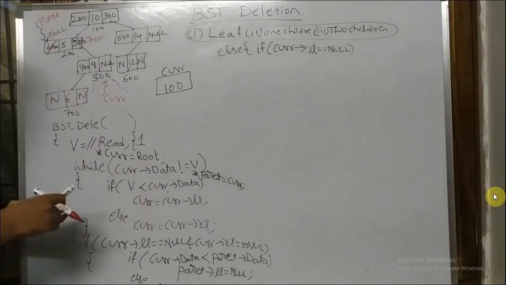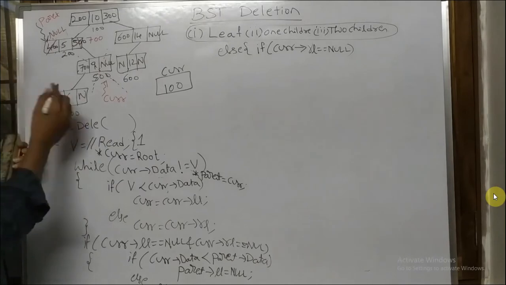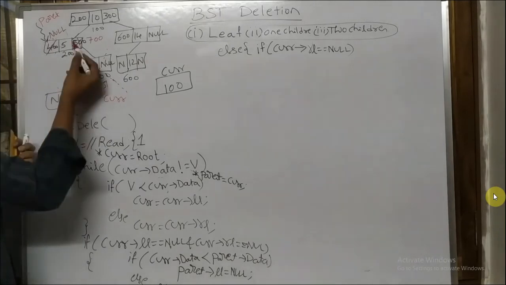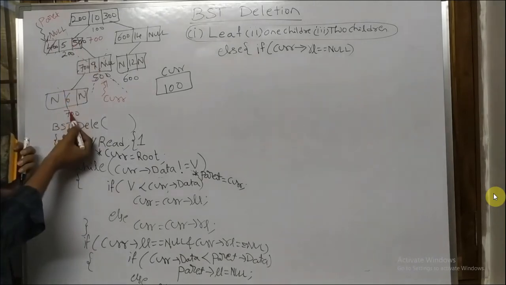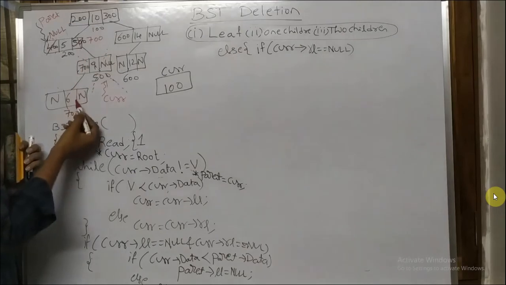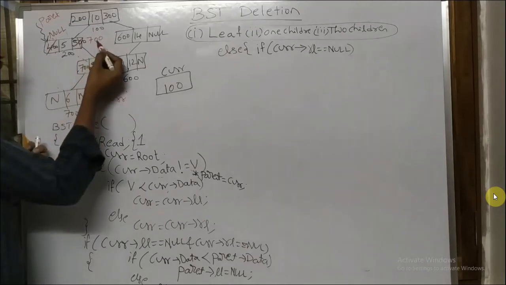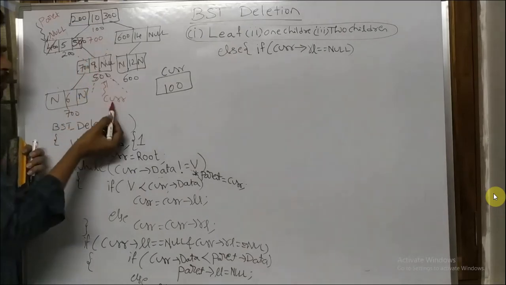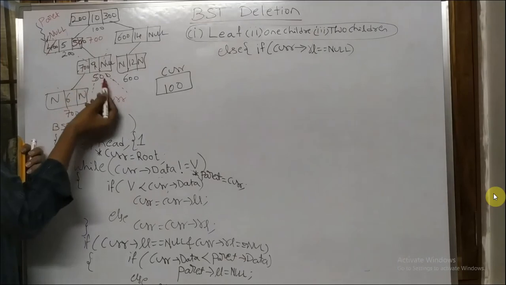So now if I want to connect this node to this one, what do I need to write? I need to write this address 700. This 700 address is located at which location? This corresponding node's left side, right?